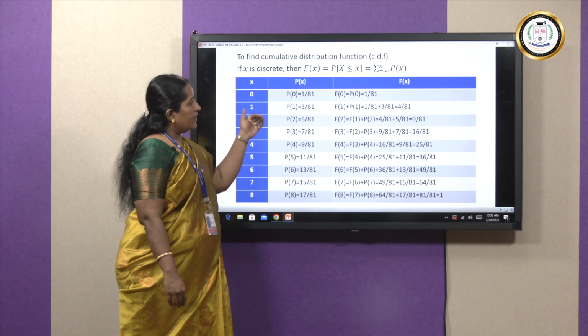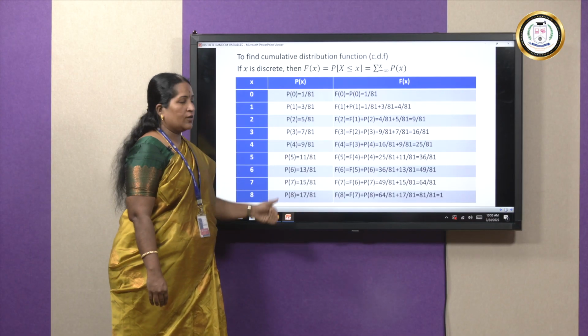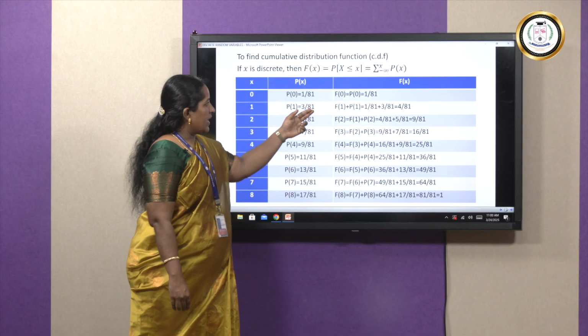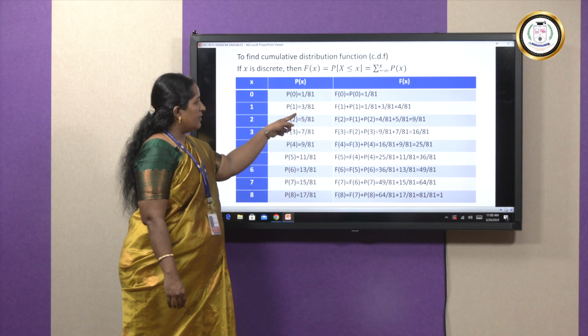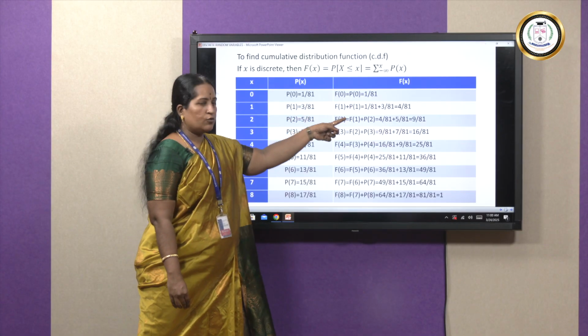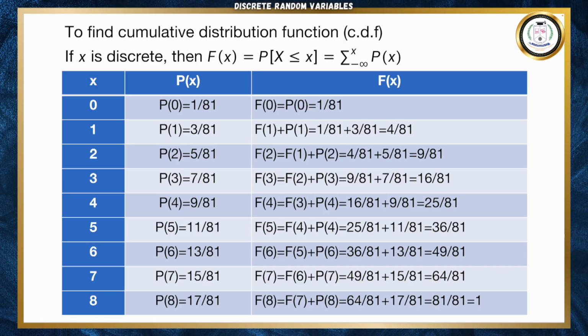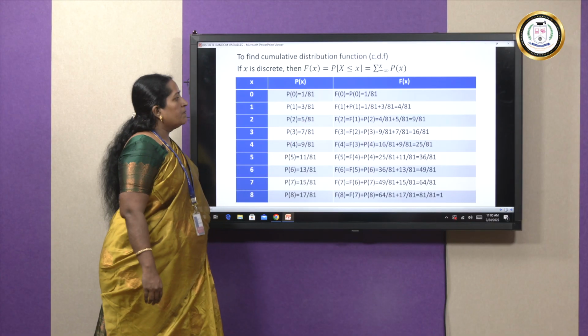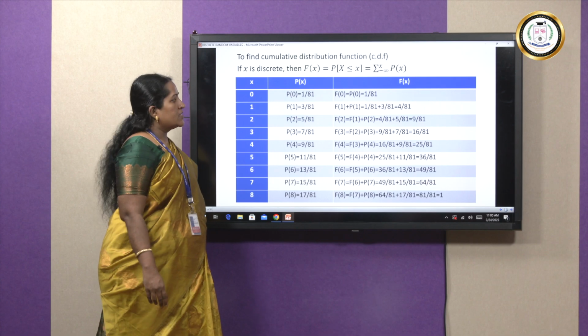Then we can add the successive values to find the cumulative. Now let us add 1 by 81 and 3 by 81, which will give you 4 by 81. Then for x is equal to 2, F of 2 is nothing but F of 1 plus p of 2. We add these two values, 4 by 81 plus 5 by 81, which is 9 by 81.